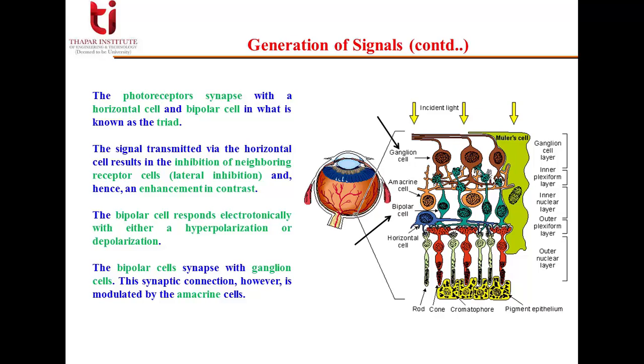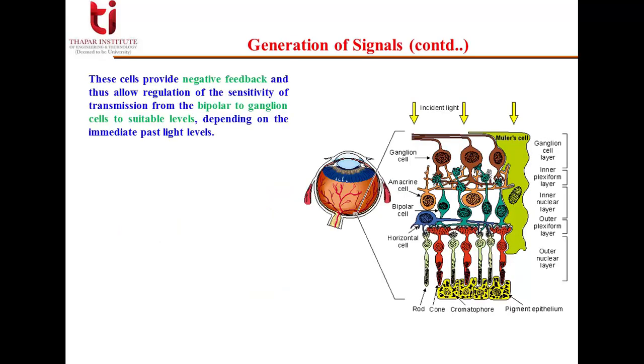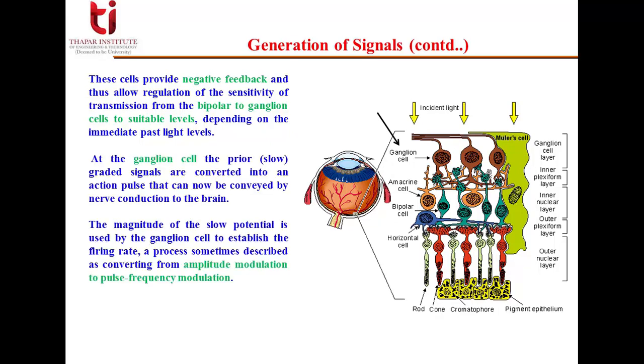This synaptic connection, however, is modulated by the amacrine cells. Further, amacrine cells provide negative feedback and thus allow regulation of the sensitivity of transmission from the bipolar to the ganglion cell to suitable levels depending on the immediate past light levels.